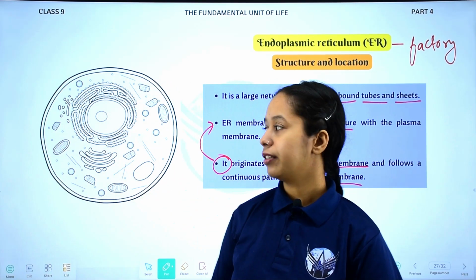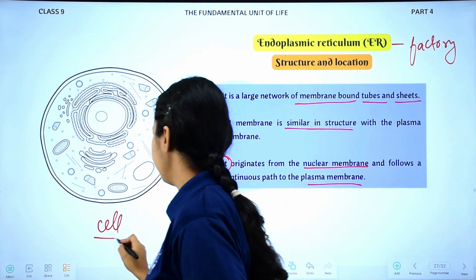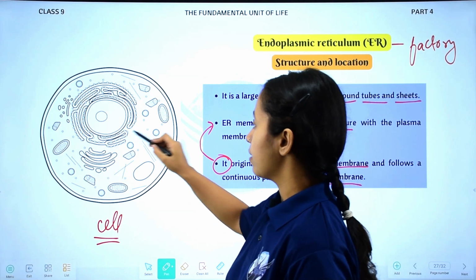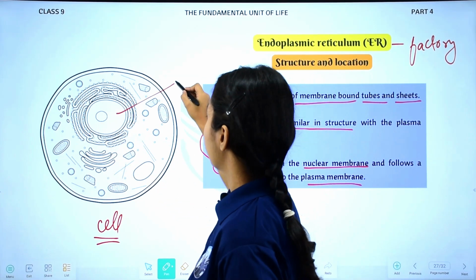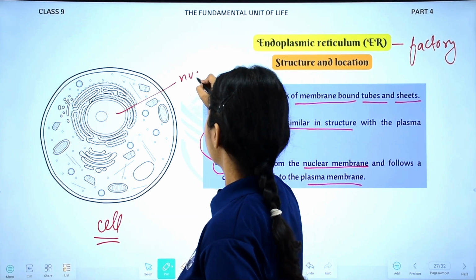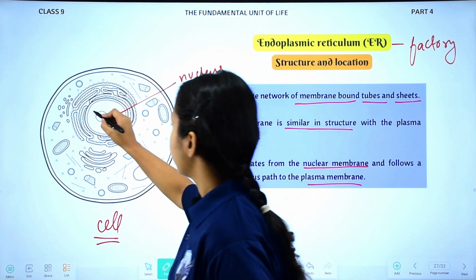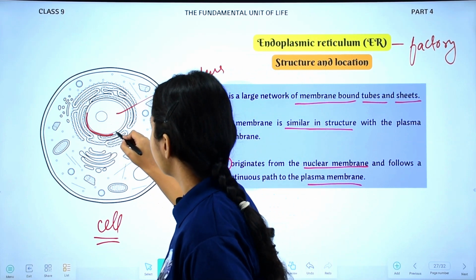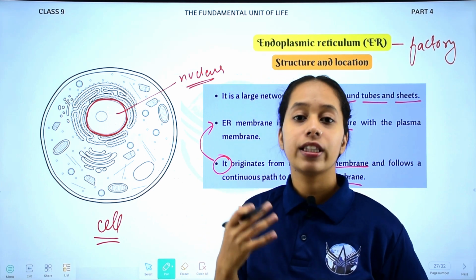Now look at the figure here. This is our cell. This big spherical structure that we can see is the nucleus. The membrane surrounding the nucleus is the nuclear membrane. Since it is a double layered membrane, we also call it the nuclear envelope.